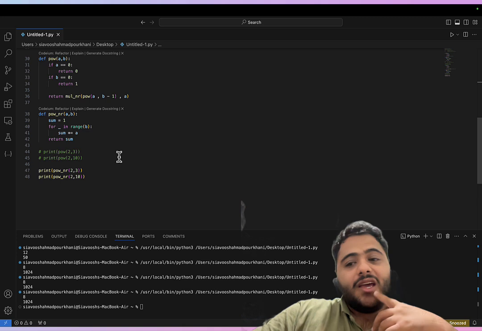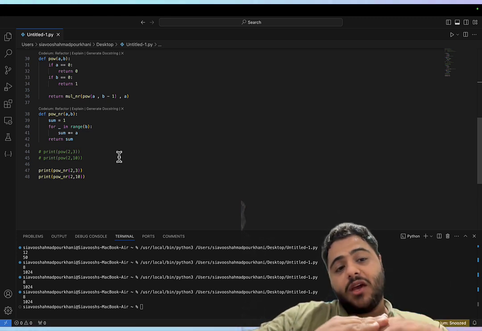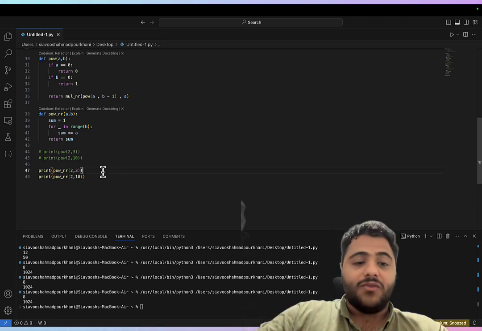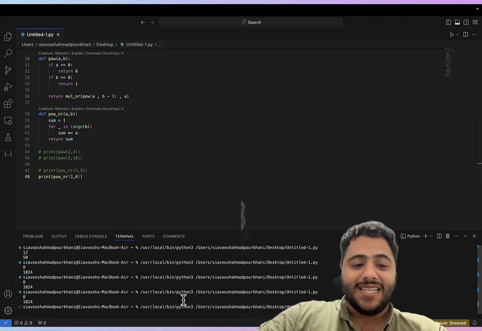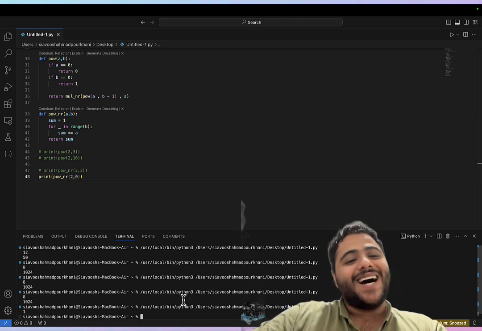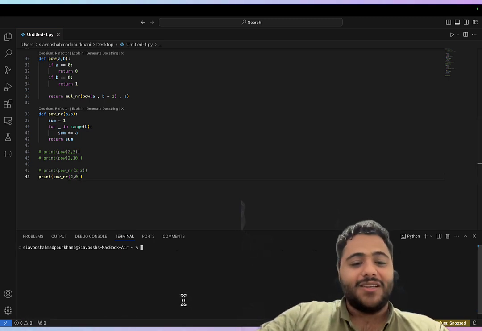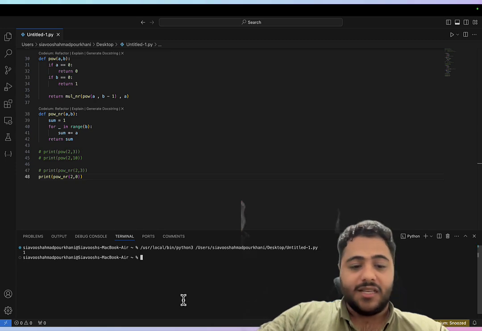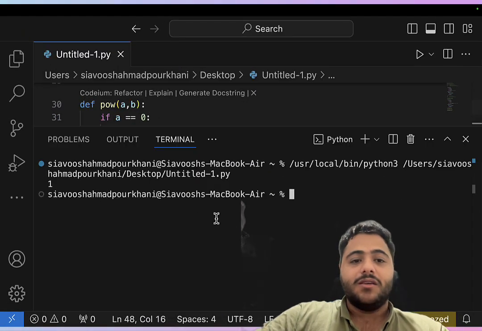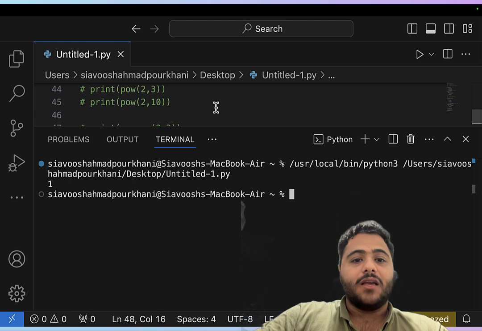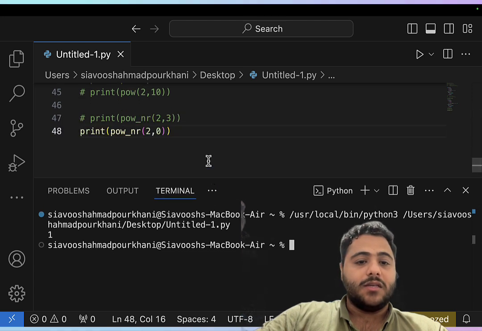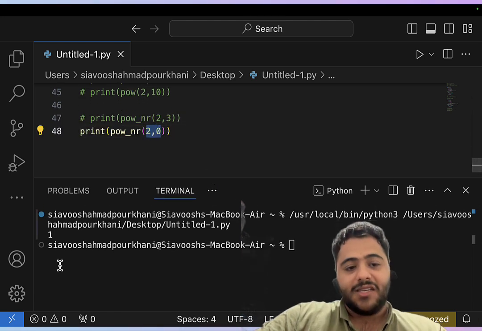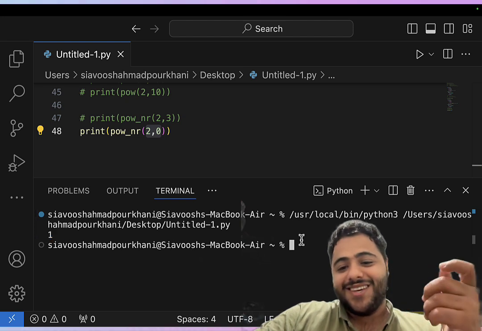So we have them, they are both working, and I wanted to show you this. Anything to the power of 0 is still 1, because, if you haven't seen that, let's just zoom in a bit. This is to the power of 0 and the answer is 1.